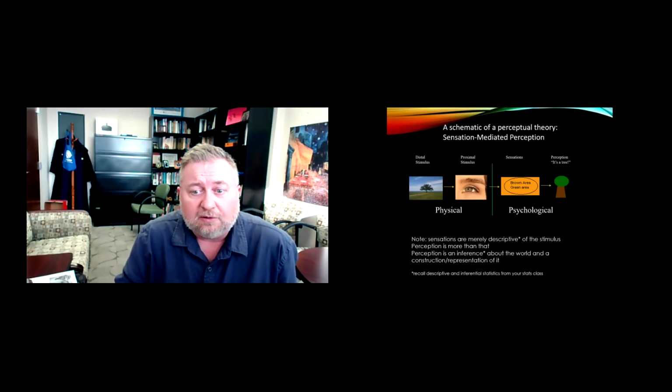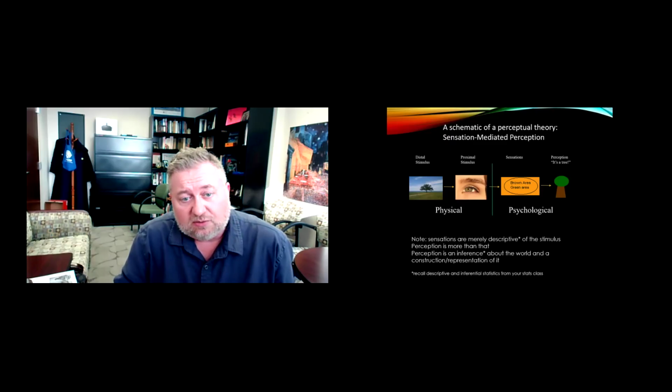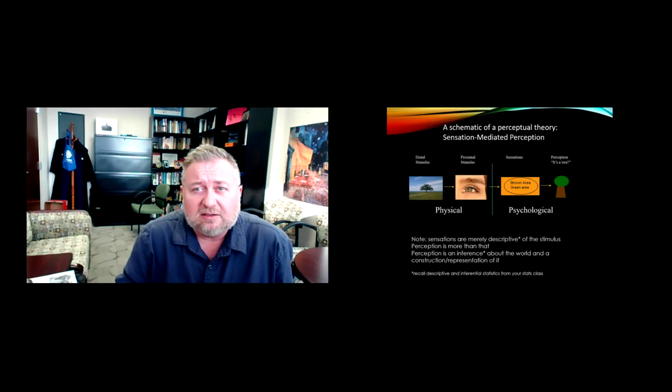You're not going to start by describing the presence of green or brown or bright or dim sensations. We don't do that. Obviously, we can reflect on our experiences and talk about colors and brightness and so forth, but that's usually an extra step. Usually we're just immediately aware of, hey, that's a tree.